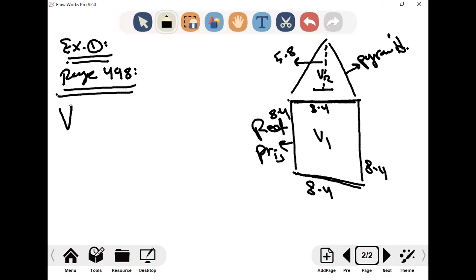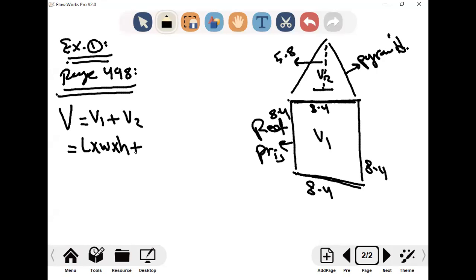So the whole volume equals V1 plus V2. V1 is length by width by height, but they are all equal, so it's a cube. Cube means the length, the width and the height are equal. So V1 is length multiplied by width multiplied by height.